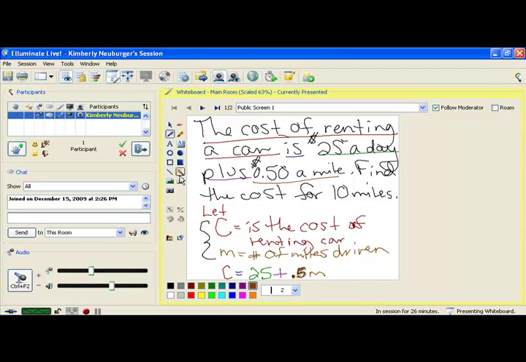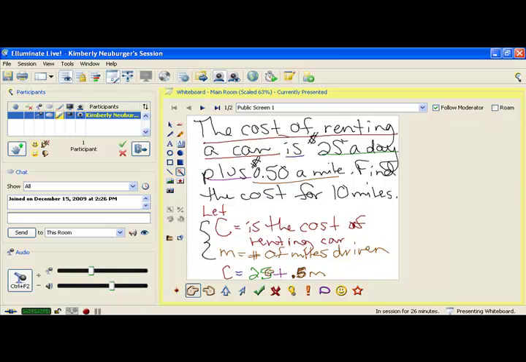So now I have this sentence here in math terms with the variables defined that tells us what this first sentence here should be representing. So if we read through, we have the cost of renting the car. We defined C as being the cost, and I have that first right here. "Is" is my equals. $25 a day. We're just going to do one $25, which is right here.